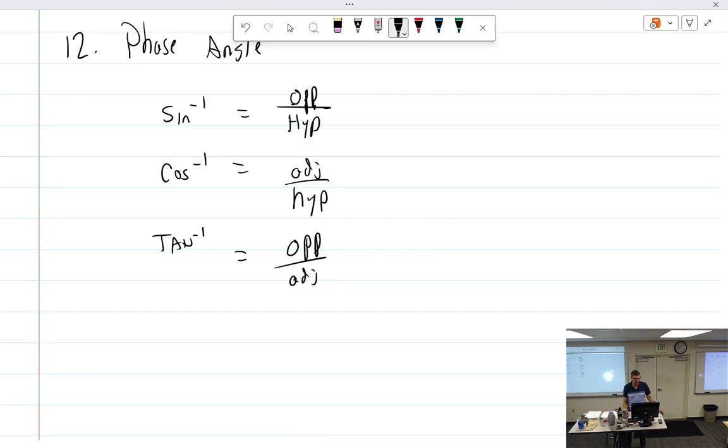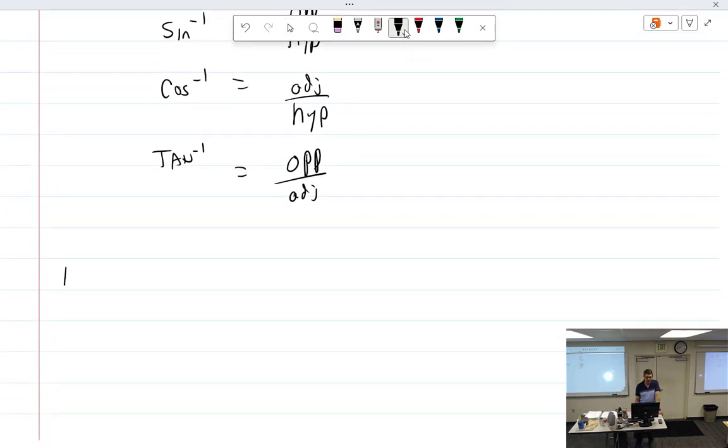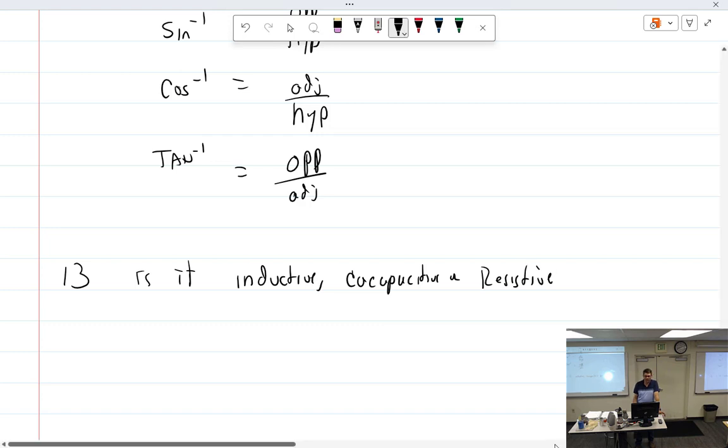And lastly, is it inductive, capacitive, or resistive? What's that more of?